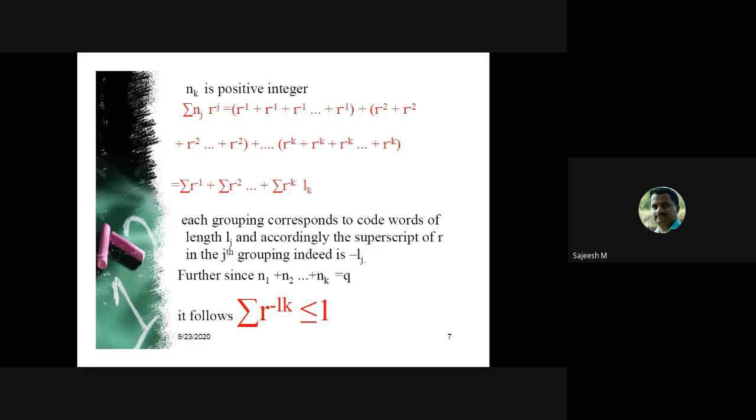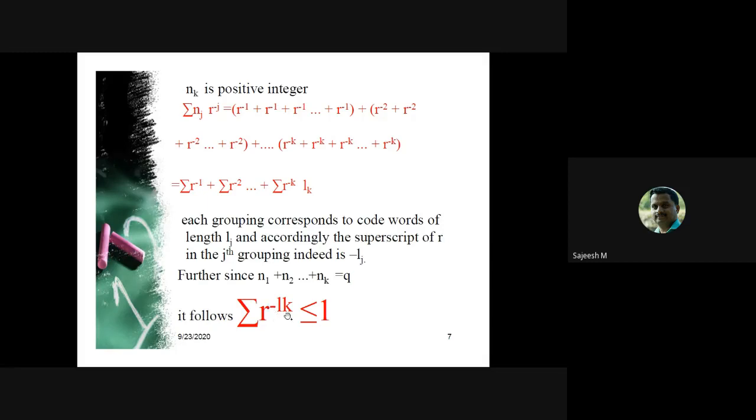If it is a binary sequence, r equal to 2, that is sigma k equal to 1 to q, where q represents the total number of symbols, 2 raised to minus lk. Here lk represents the length of the code word of the kth message.